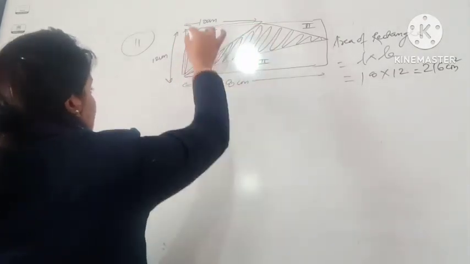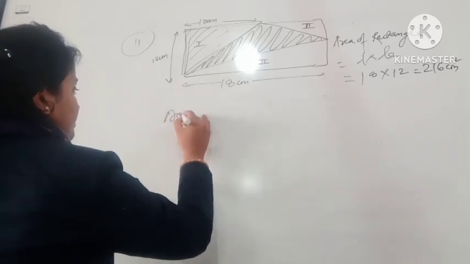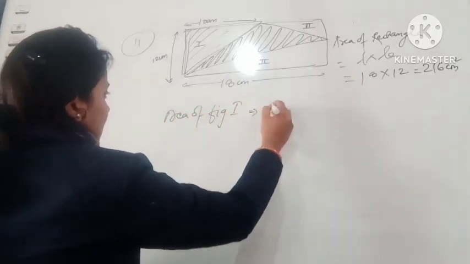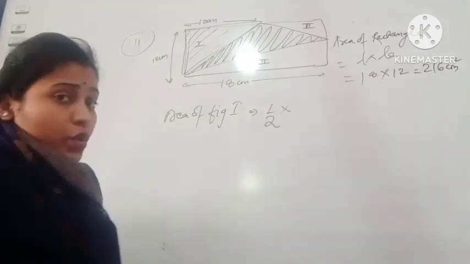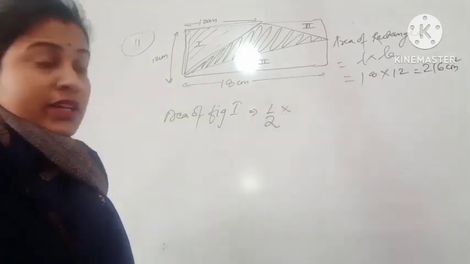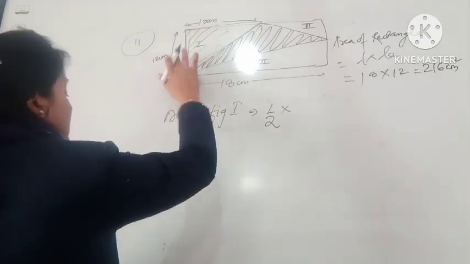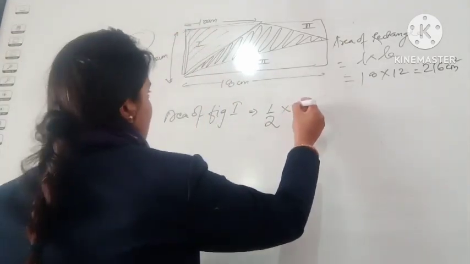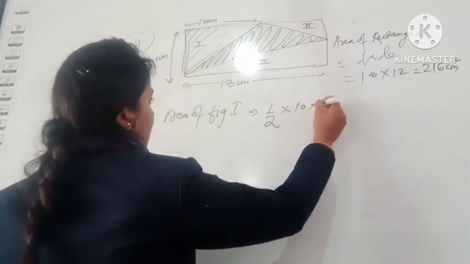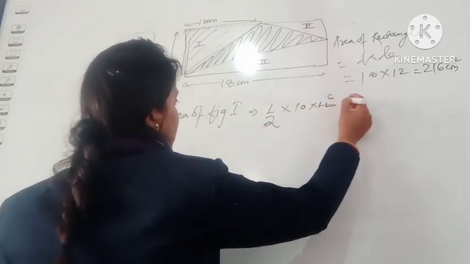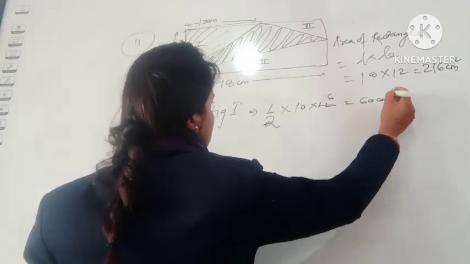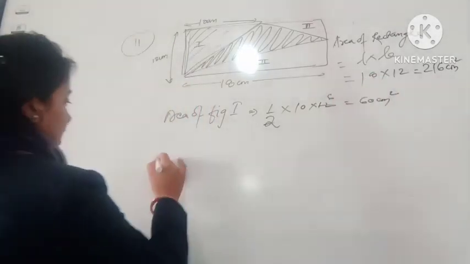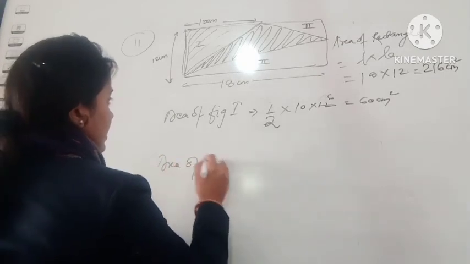Area of figure 1: the area of the triangle is half into base into height. Half into base, either we can take 12 or 10, it's up to you. I am taking 10 here, and height. So this will be 60 centimeter square. This is the first unshaded part. Now the area of the second figure.